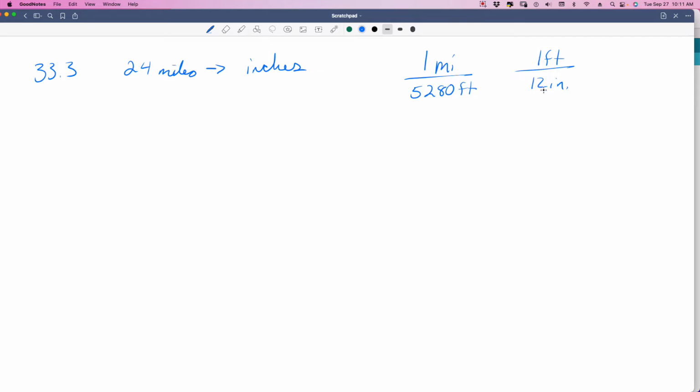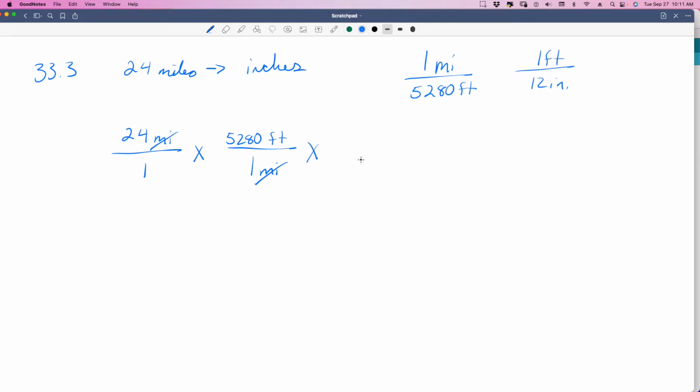So we're going from miles to feet, from feet to inches. So now we know our pathway. We know the journey we have to take. So we're going to turn 24 miles into a fraction by putting it over 1. And then we're going to convert miles into feet first. So we put 5,280 feet on top and 1 mile on the bottom. That allows us to cancel out miles.